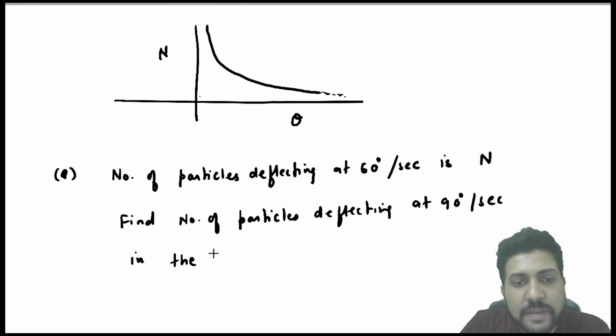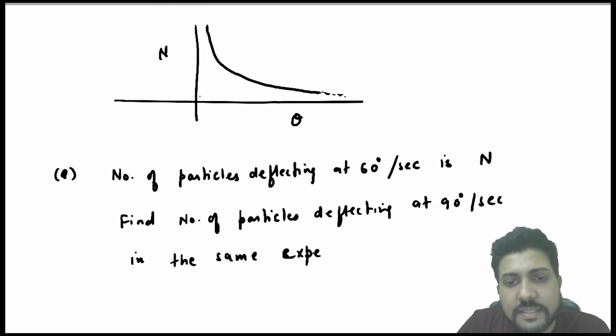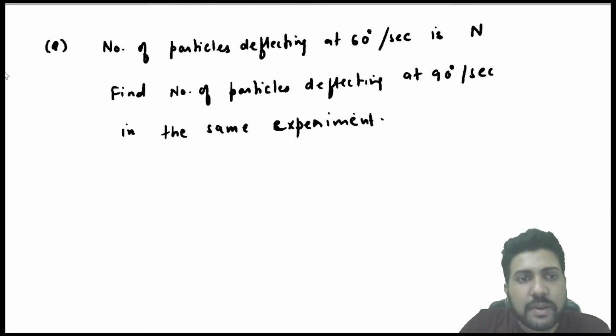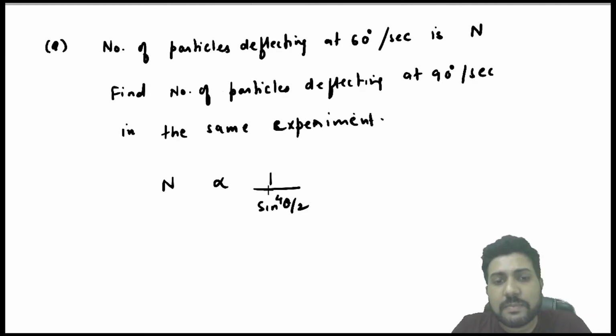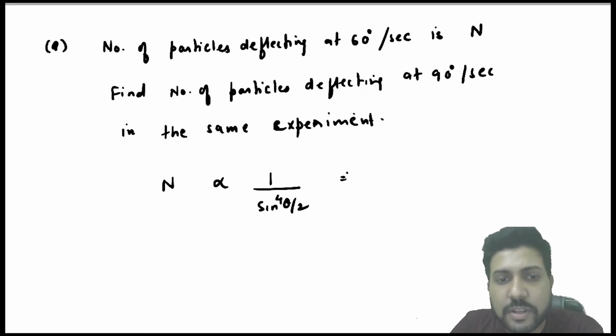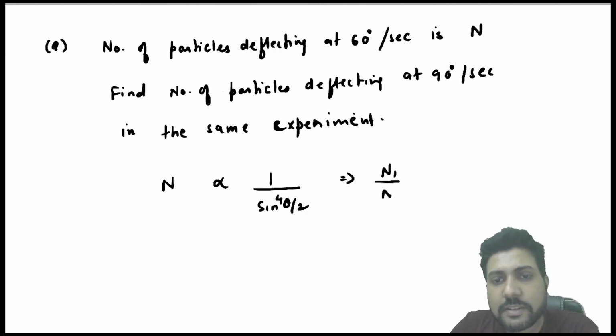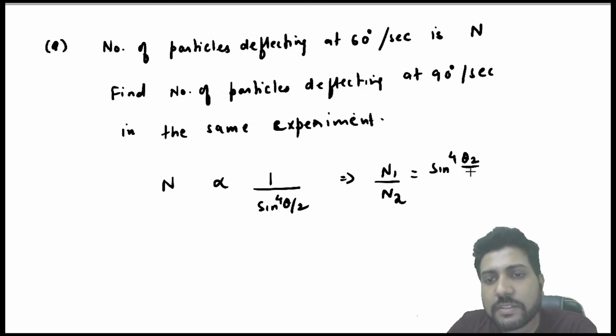Now if the experiment is the same, that means Z is the same. Then the number of particles N is inversely proportional to sine power 4 theta by 2. So I will write N1 by N2 is equal to sine power 4 theta 2 by 2 divided by sine power 4 theta 1 by 2.